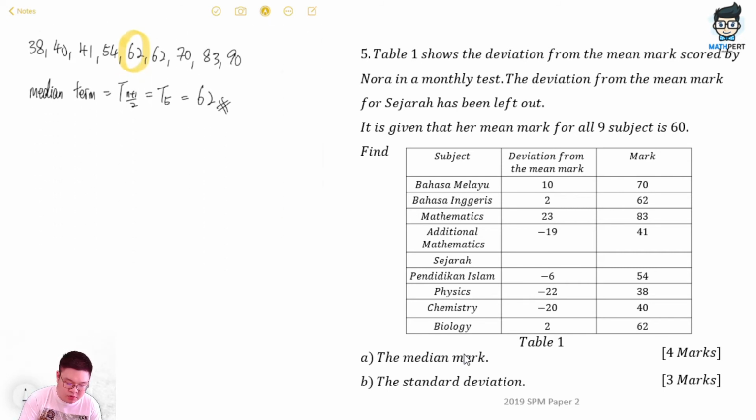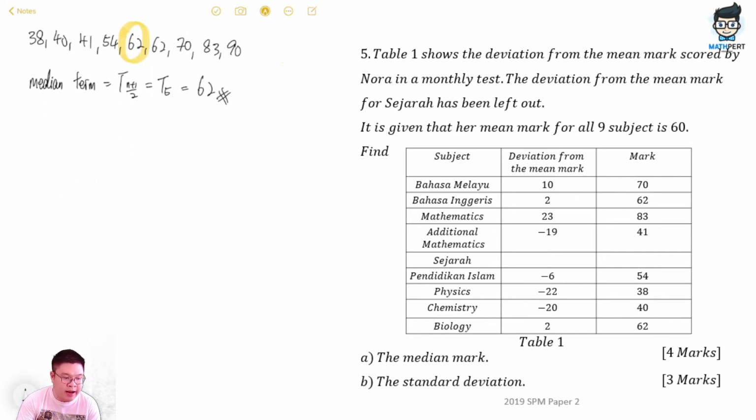Let's write out the standard deviation formula. Standard deviation is equal to the square root of the summation of x squared over n, minus the mean squared.